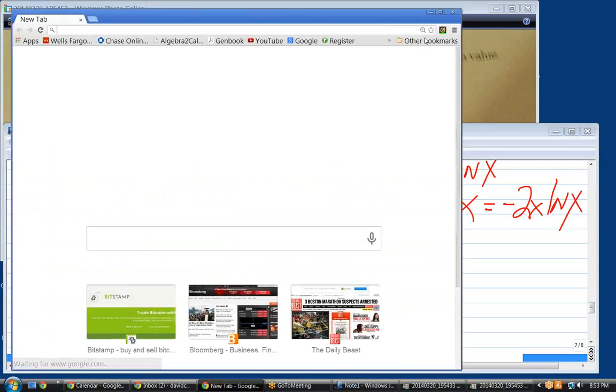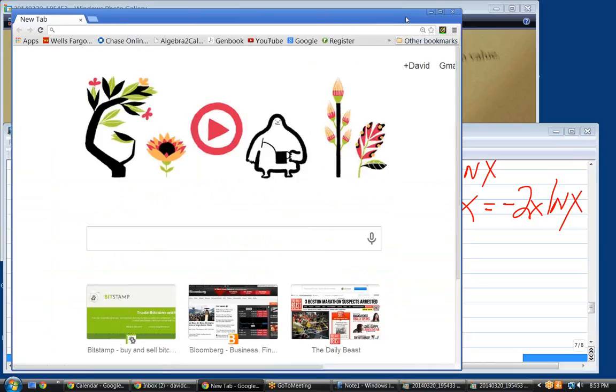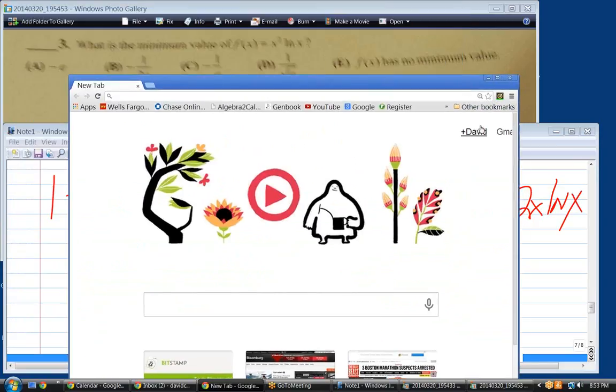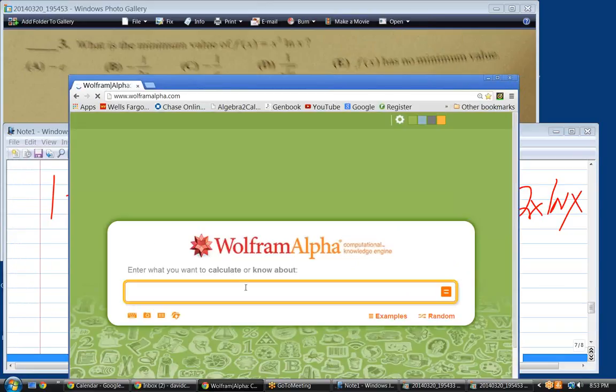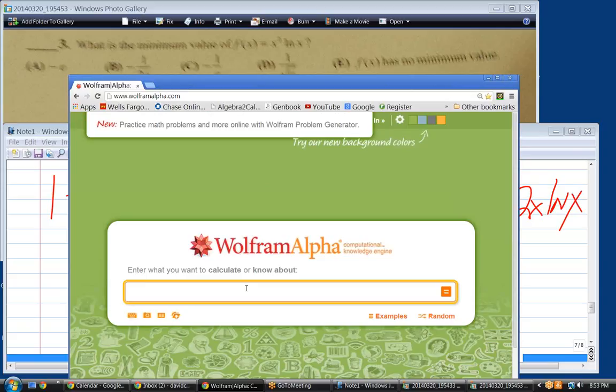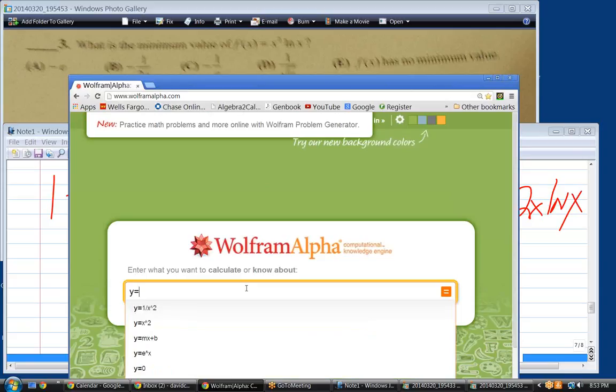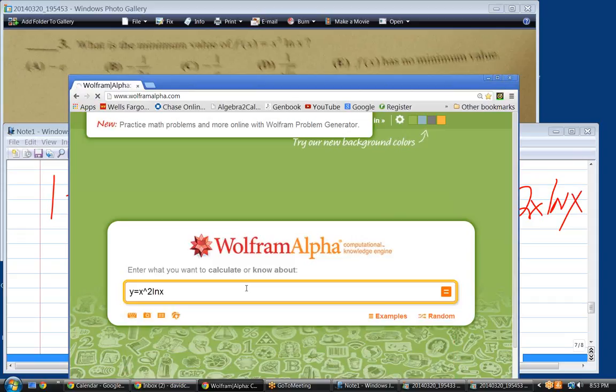I'm going to put this function into Wolfram Alpha, and we'll just see where that minimum is. Y equals x raised to the 2 natural log of x.